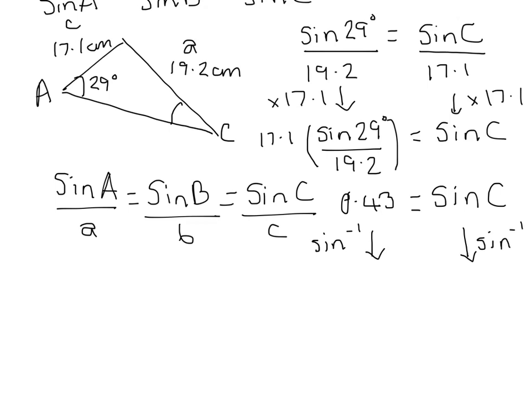Now, to get that on my calculator, I just press shift sine. So shift sine of 0.43 gives me 25.47 degrees, and that's to 2 decimal places, and that is C.